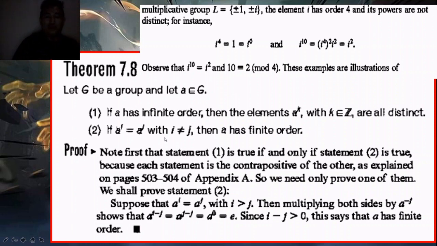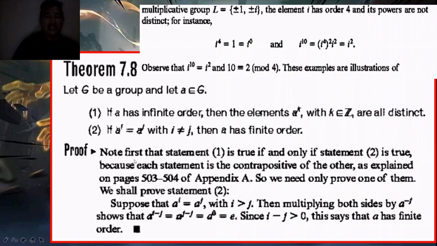Let us prove part 2, since it is the contrapositive of the other side: if a has a finite order, then its contrapositive, if a has an infinite order, then a to the i and a to the j are not equal when i and j are not equal. So the a to the k are all distinct.